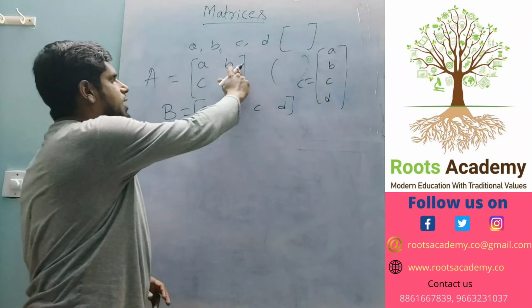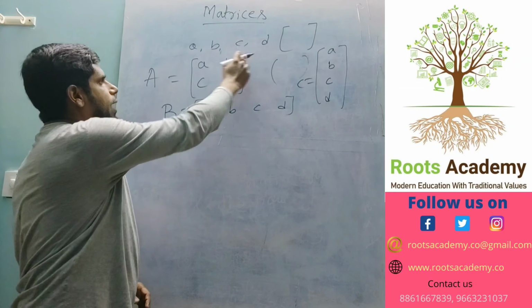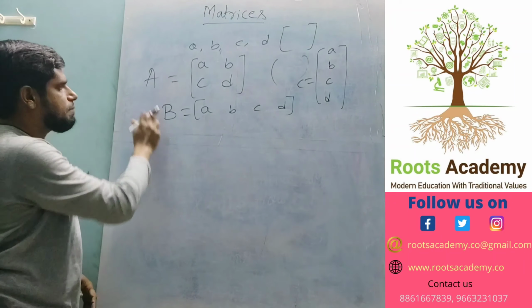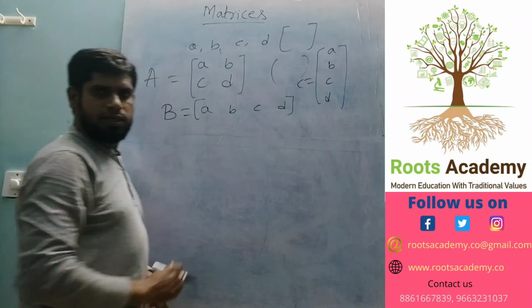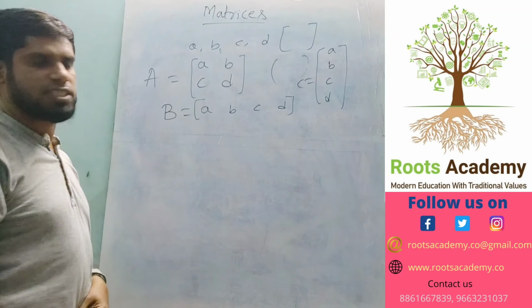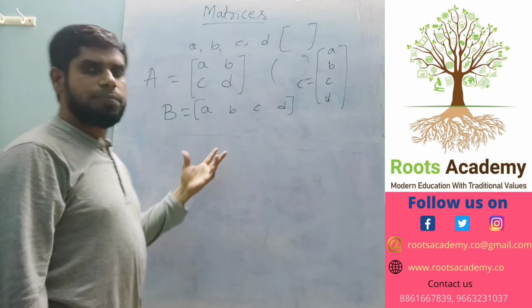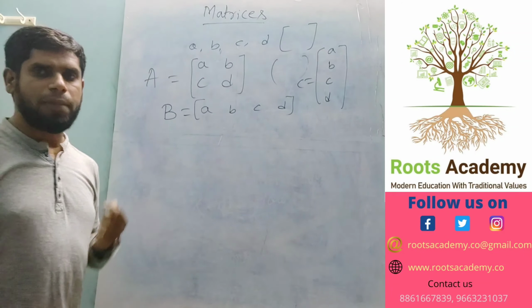The elements of the matrix we write between two brackets, and the matrix is represented by capital alphabets A, B, C, D, etc. So students, this is the basic definition of a matrix.